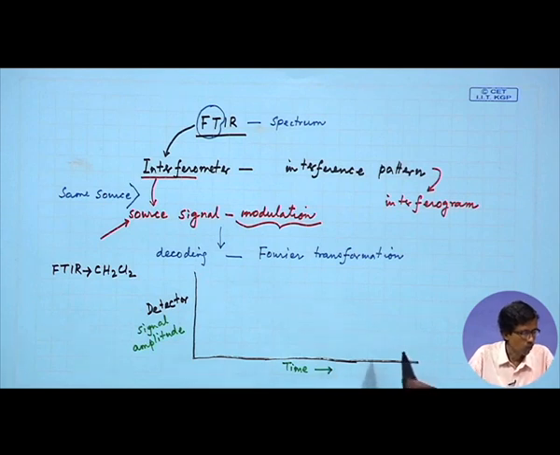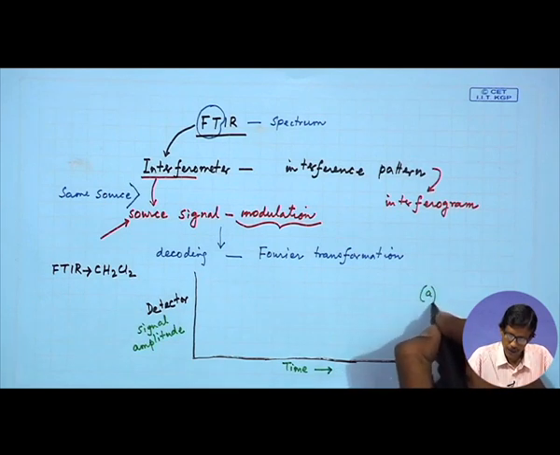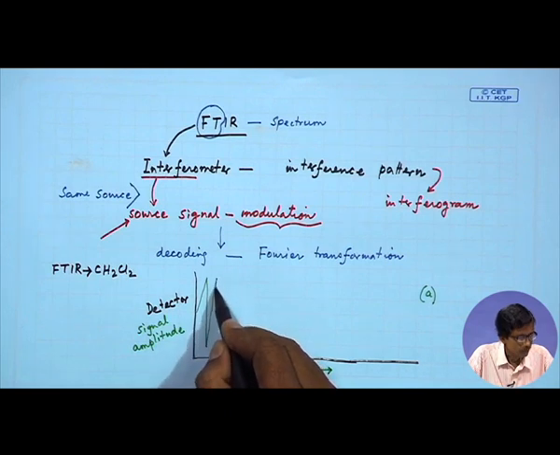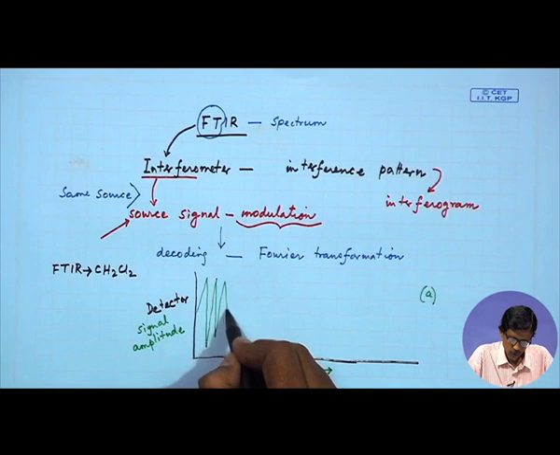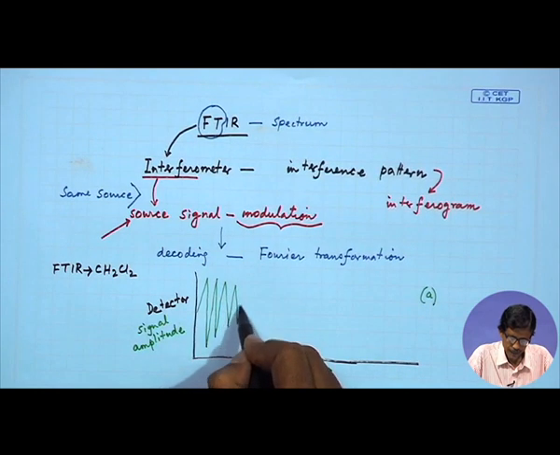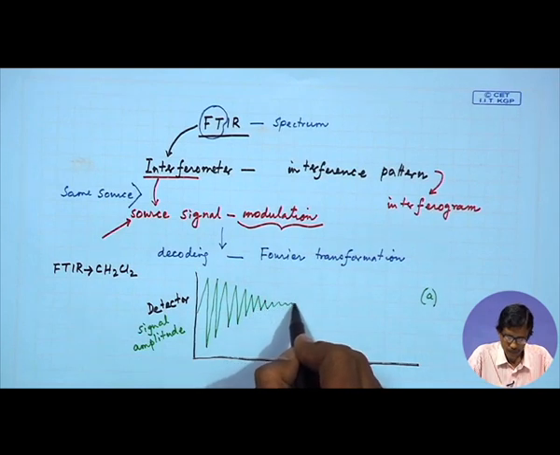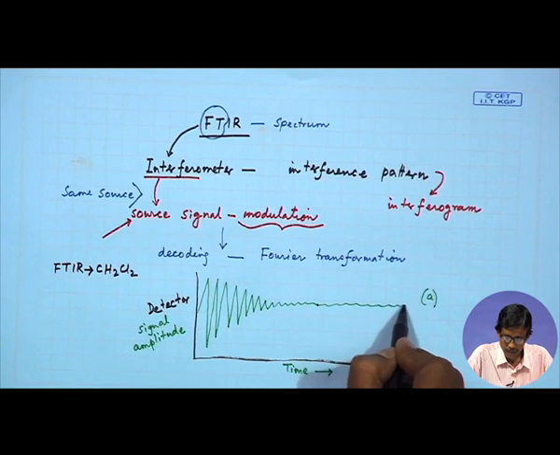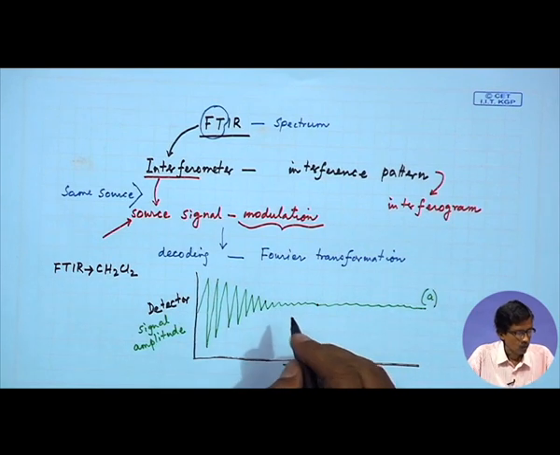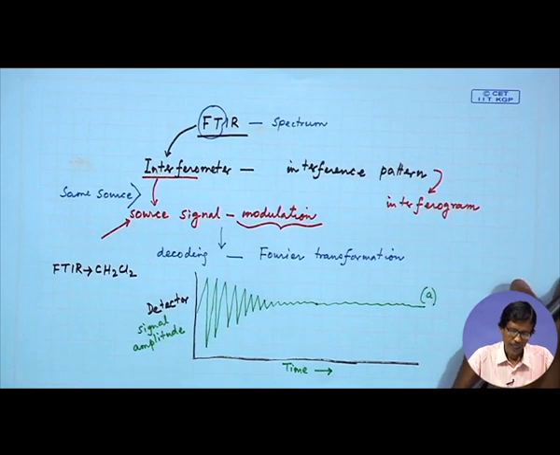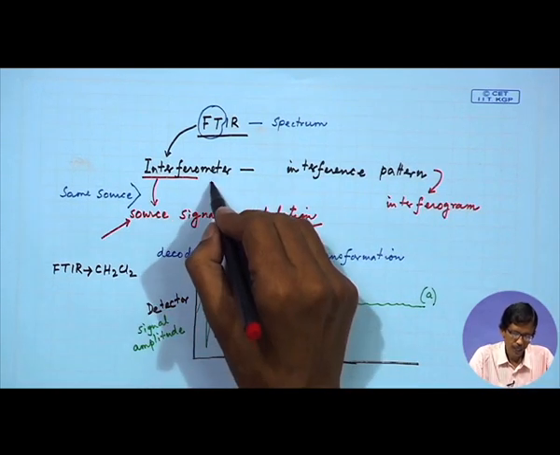So, this is one form of the spectrum, we call it spectrum A for that particular process. What we get is that particular signal amplitude, and it will be modulating like this. So, this total outcome, that means this particular signal amplitude against time, we can obtain through this interferometer.